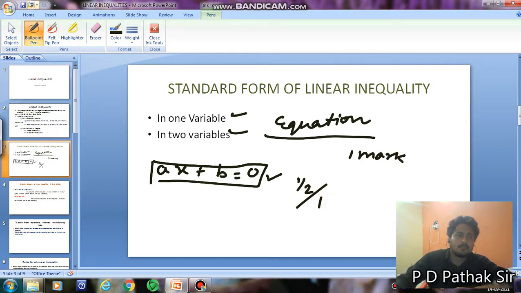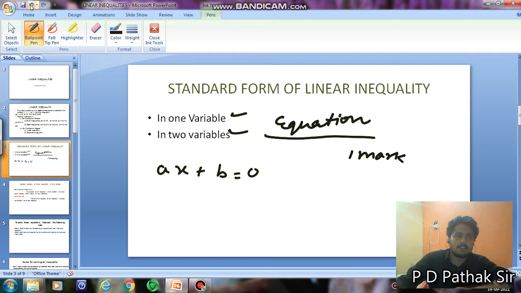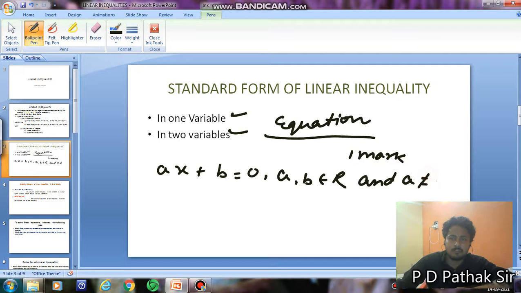Why? See the reason. If you write ax plus b equals 0, this is the half answer. The complete answer is ax plus b equals 0, where a and b belong to R, and a must not equal 0.